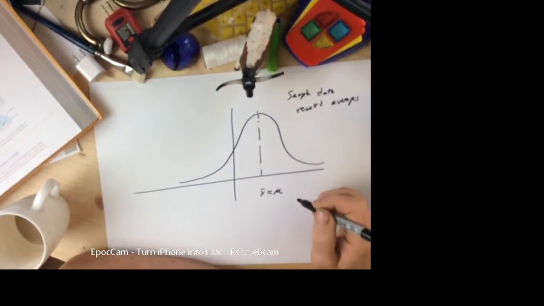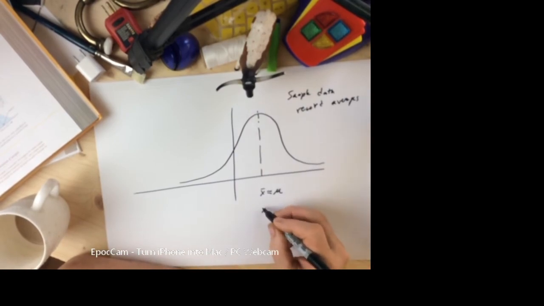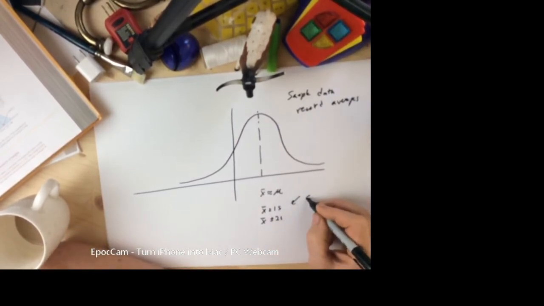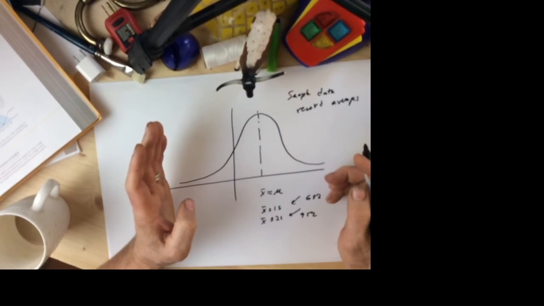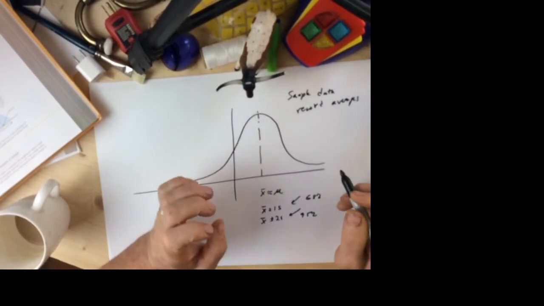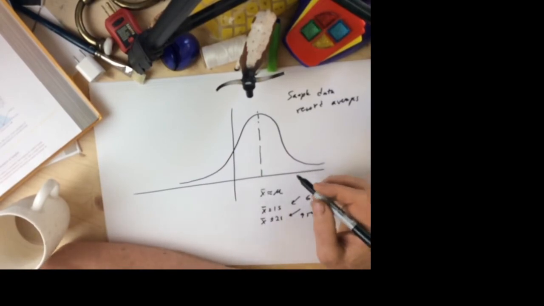And last but not least, it turns out that x bar plus or minus 1 standard deviation, x bar plus or minus 2 standard deviations, our 68%, our 95%, comes into play. It comes into play in the following way.